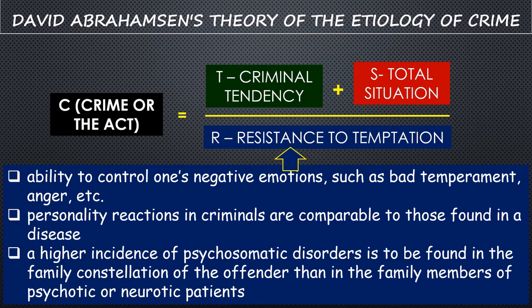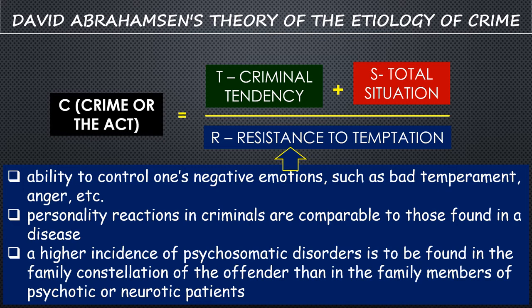Most likely, if your parents suffered from diabetes or cancer, like that, there is a great possibility that the offspring, the children, will inherit those kinds of diseases.